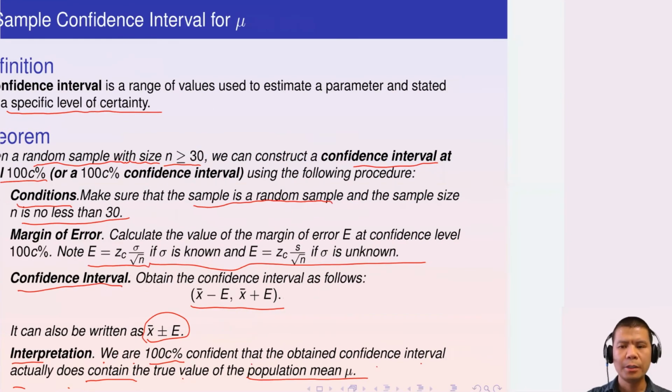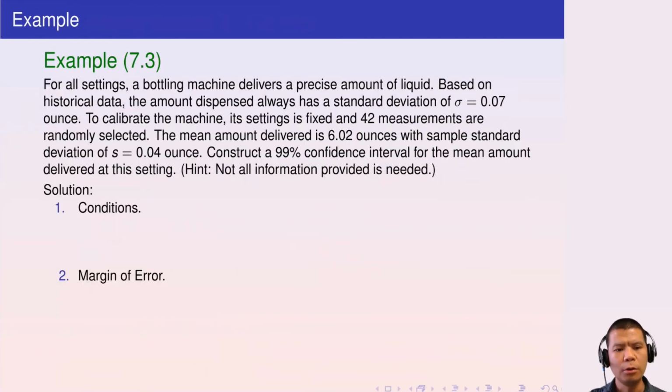Okay, now let's consider this example. For a certain setting, a bottling machine delivers a precise amount of liquid. Based on historical data, the amount dispensed always has a standard deviation sigma of 0.07 ounces.